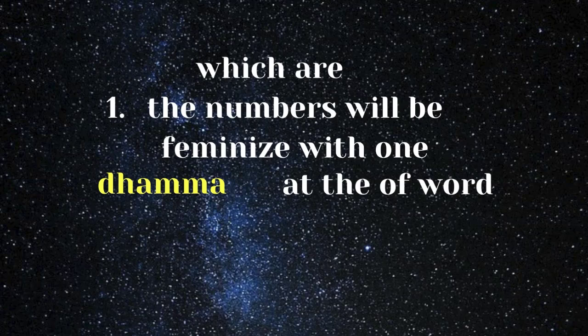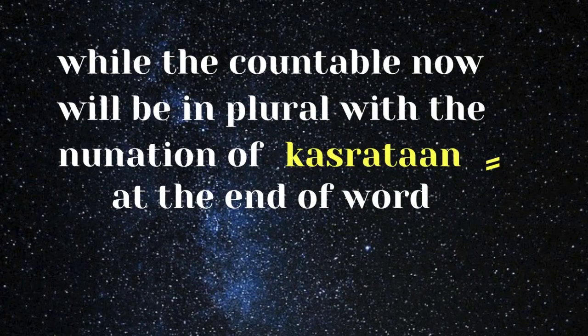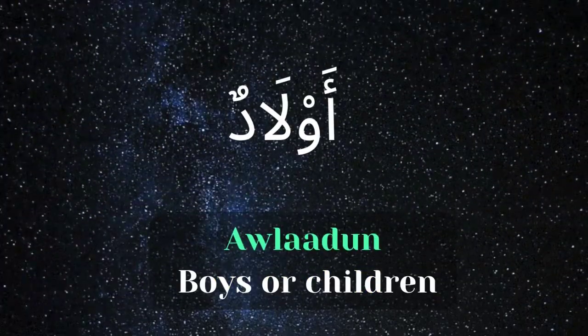One, the numbers will be feminized with one damma at the end of the word, while the countable noun will be plural with the nunation of kasra at the end of the word. An example is, take the word waladun, a boy. The plural is expressed as awladun.